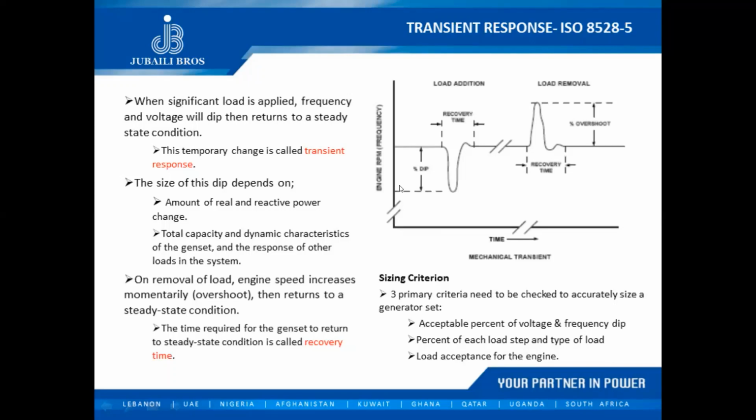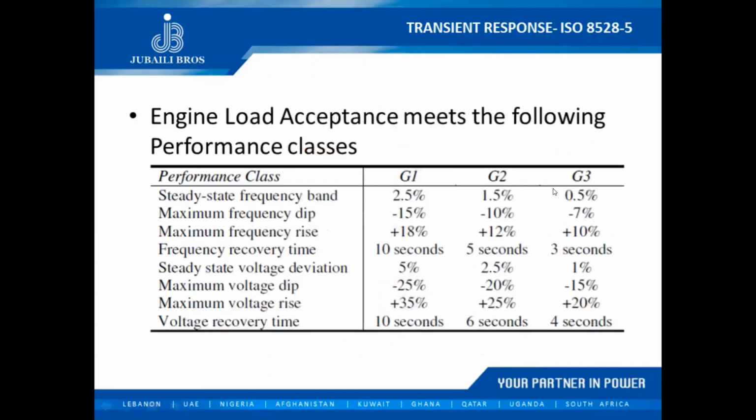Okay, so when I say G3 is the most stringent, it allows for lower transient response and requires shorter recovery times than other classes. So for example, I'm going to show you, by the way, here's a summary of these performance classes, G1, G2, and G3.